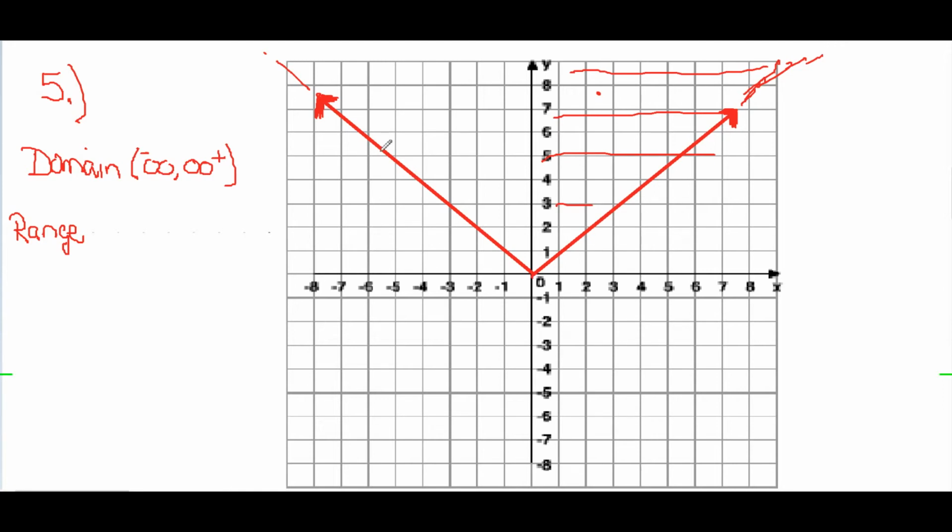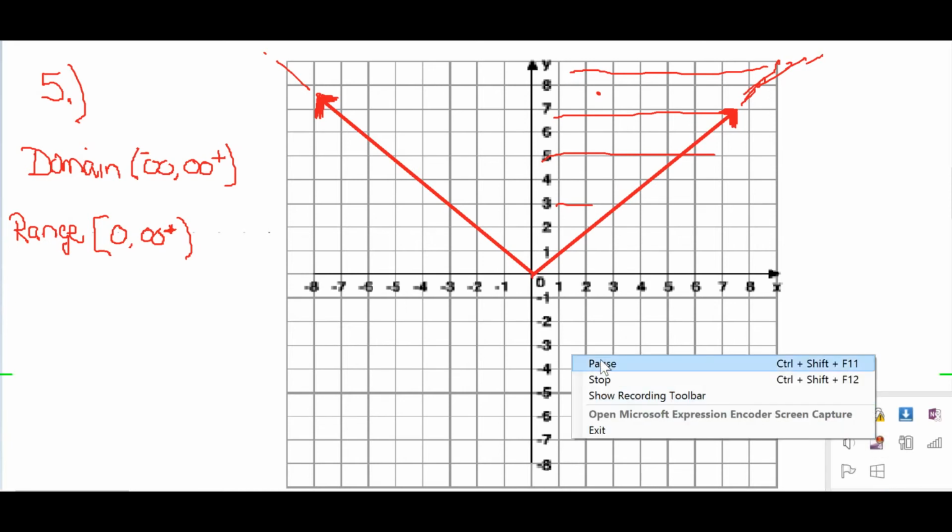So the interval notation for the range, I'm going to use a bracket now because it's not possible for it to fall below 0. So I'm going to have 0, comma, and then I can write +infinity, and that is always enclosed with a parentheses. All right, so that's number 5.